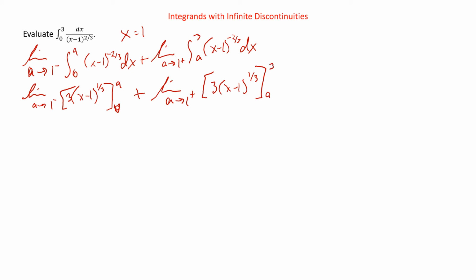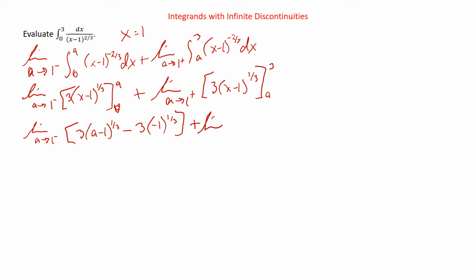So we're going to plug in our values. So we plug in a. So we're going to have 3 times a minus 1 to the 1/3 minus 3 times plug in 0, so that's 0, so negative 1 to the 1/3.